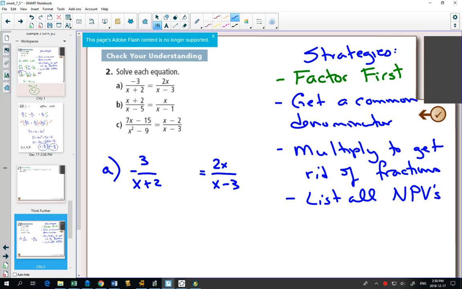So if we're using the same strategy, what would my common denominator be? X plus 2, and then here I'm missing an x minus 3. So I'd have to multiply top and bottom by x minus 3. And over here, I have the x minus 3, but I'm missing the x plus 2.